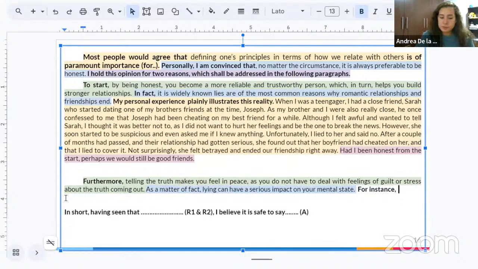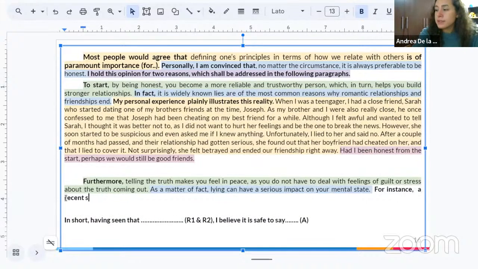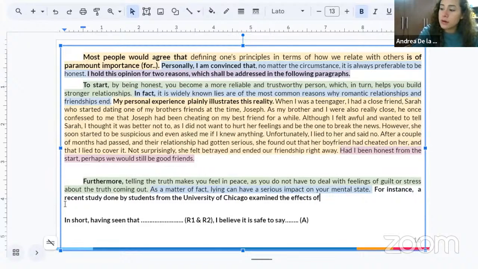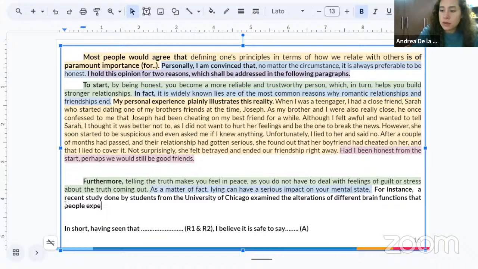For instance, I don't know, a recent study done by students from the University of Chicago examined the effects, or I don't know, the alterations of different brain functions that people experience when lying or when telling lies.